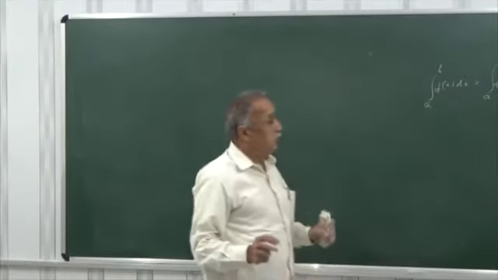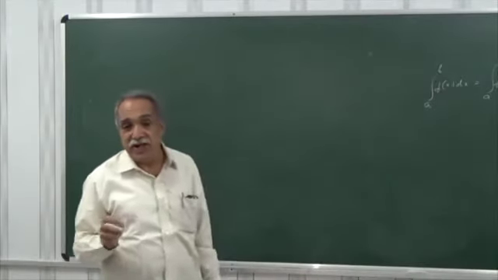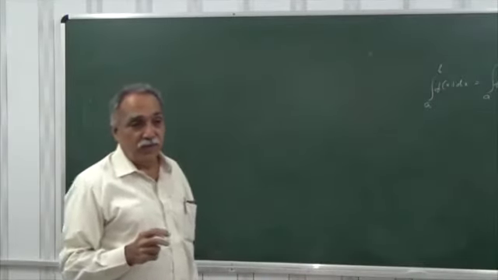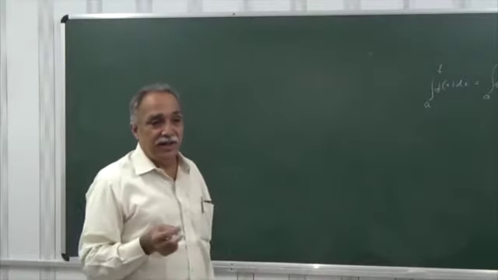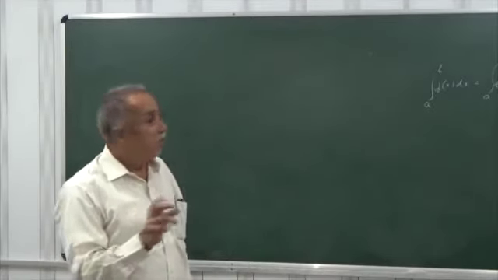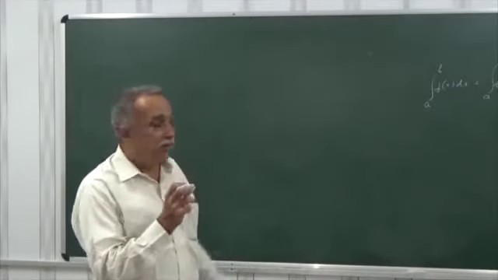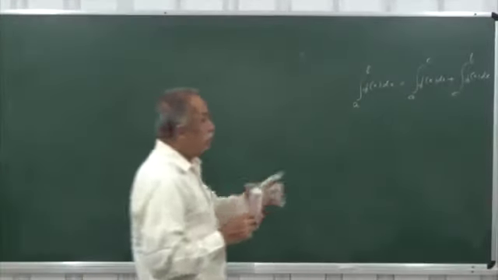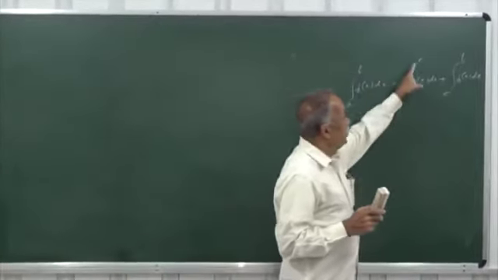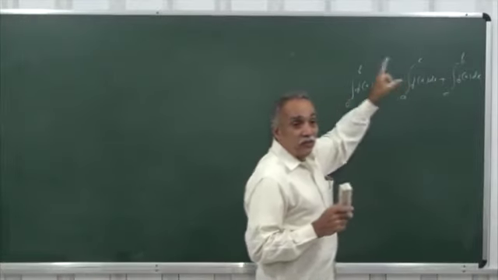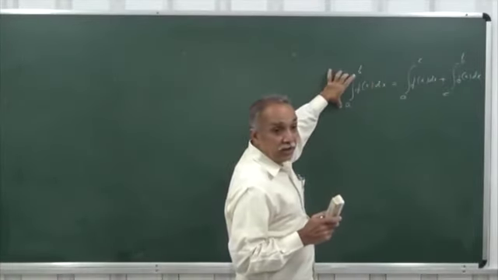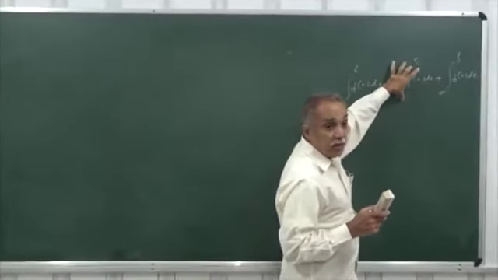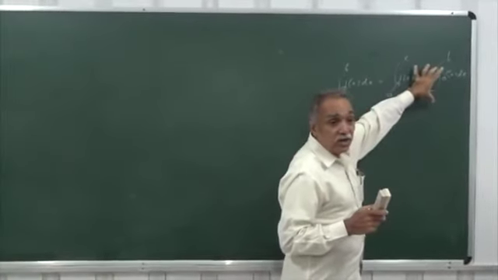There is no rule that c must be a number between a and b. c may be anywhere on the real line, but the only requirement is that the function must be integrable in each of the three intervals. In order to write integral a to b as a to c plus c to b, the function must be integrable over ab, over ac, and over cb.